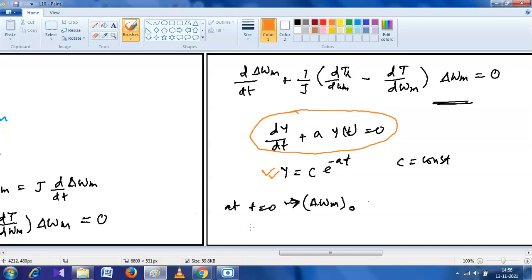This should be delta omega m is equal to delta omega m0 e to the power minus 1 by J (dTL by d omega m minus dT by d omega m) into t.